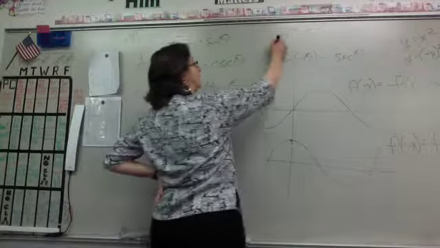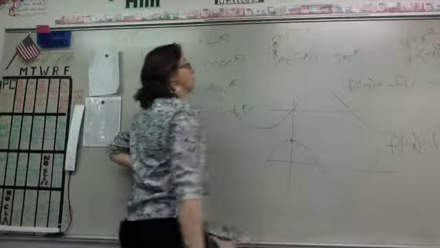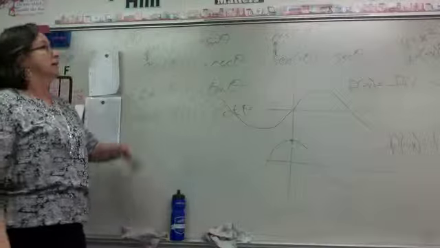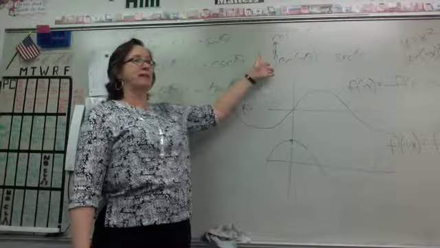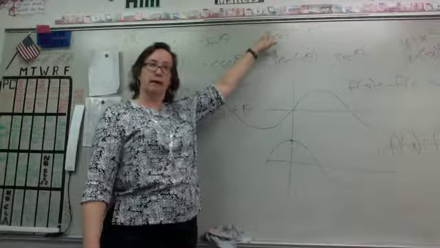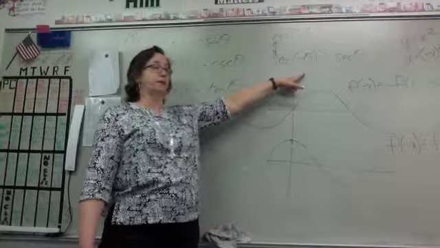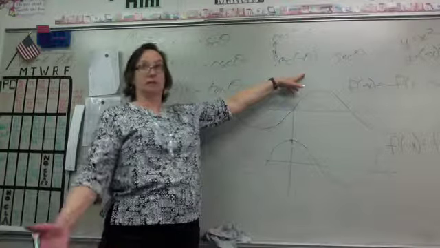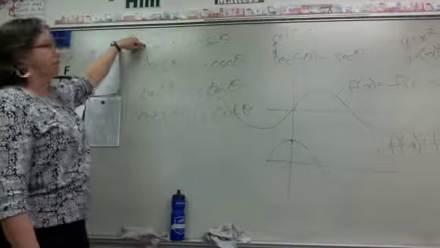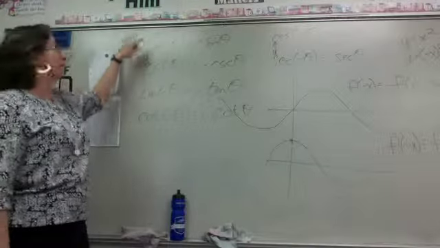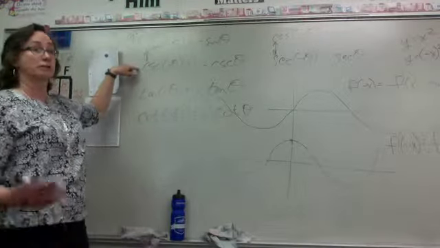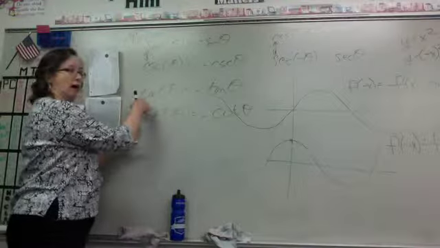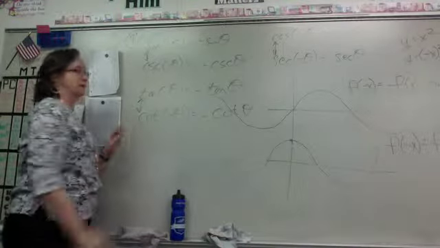And the cosine and the secant are reciprocal functions of each other. So it makes sense that if this one's even, and it is, then its reciprocal function would also be even. This one is odd, its reciprocal function is also odd. This one is odd, and this one is also odd.